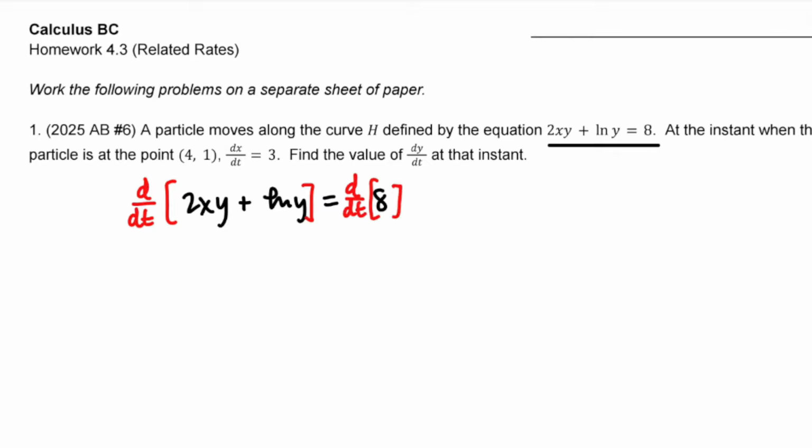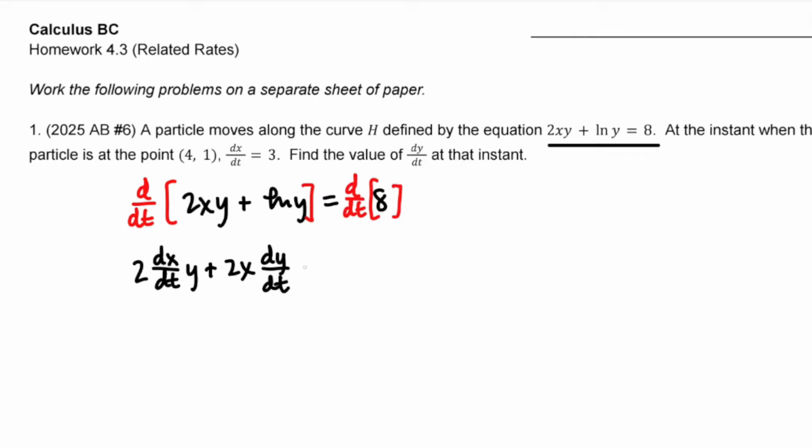If I take the derivative of 2xy, that's going to be a product of 2x and y. The derivative of 2x with respect to time is going to be 2 dx/dt, right? Because we're taking it with respect to t. And leave y the same, then add, leaving 2x the same, taking the derivative of y, because it's a product.